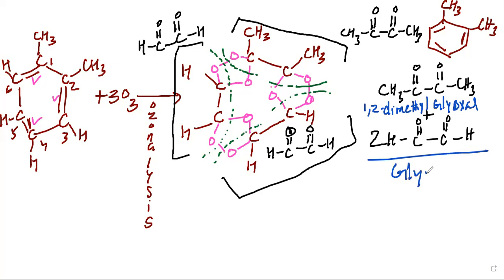So here, in the last kind of resonance structures of benzene, this is the second resonance structure of benzene. In the first resonance structure, we got glyoxal as well as methyl glyoxal. But in the second resonance structure, we have got 1,2-dimethyl glyoxal. Dear students, do you understand this? If you have any doubt, you can ask me.